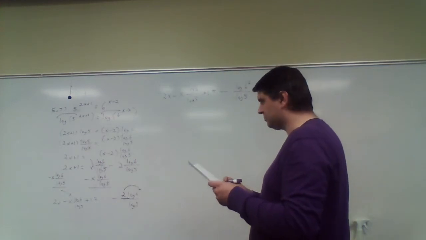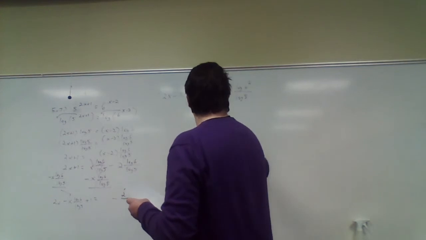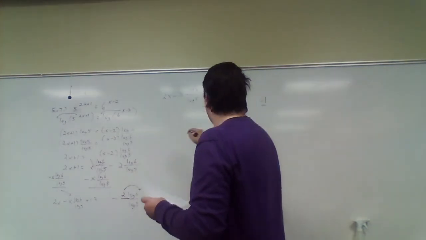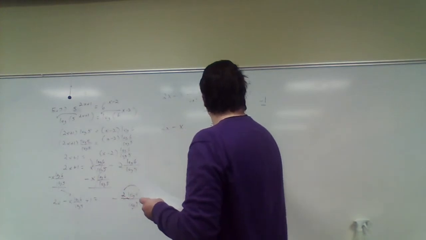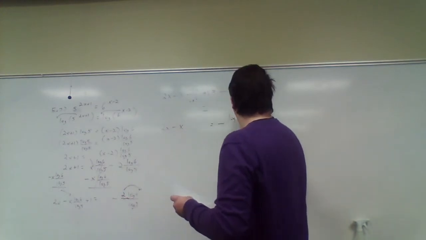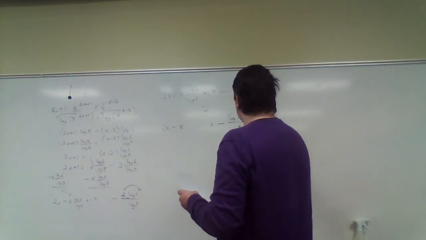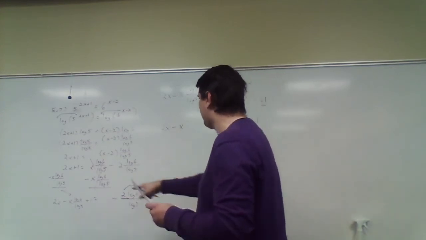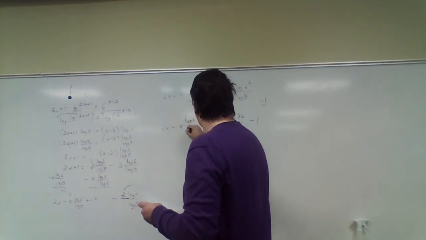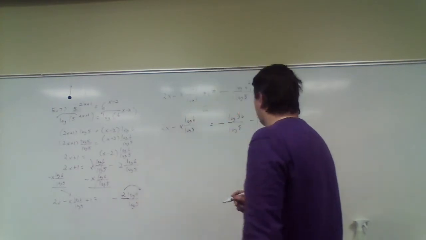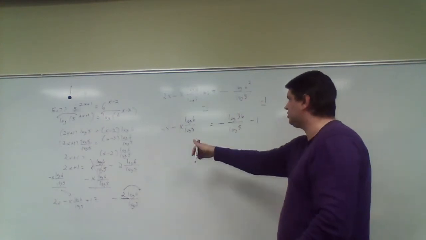And then I'm going to go ahead and subtract this 1 as well. So 2x minus x log 6 over log 5 equals negative log of 36 over log of 5 minus 1. Oh, and I forgot the log 6 over log of 5. The goal of all this was to be able to factor an x out of these two terms.